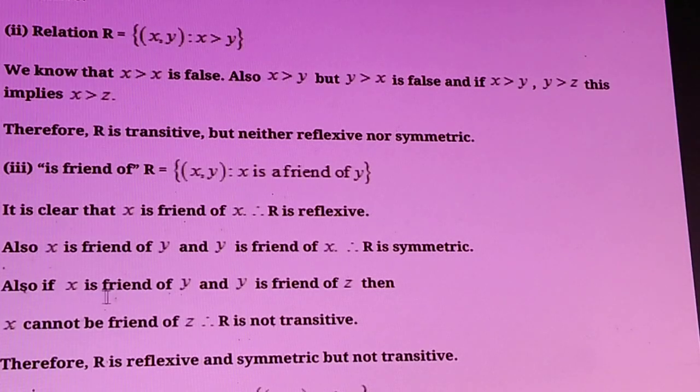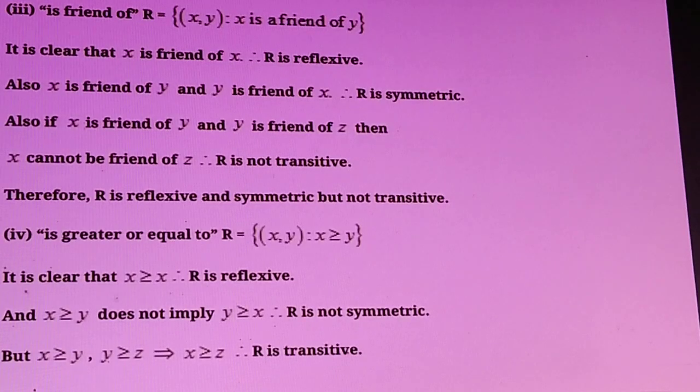Also, if x is a friend of y and y is a friend of z, it is not necessary that x will be a friend of z. So R is not transitive. Therefore, R is reflexive and symmetric but not transitive.